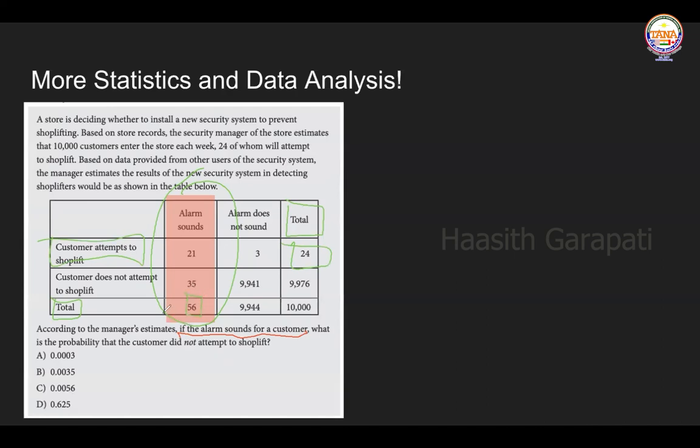And then they're asking what is the probability that the customer didn't shoplift if the alarm sounds? Well, a customer does not attempt to shoplift 35 times when the alarm sounds. So all you have to do is do 35 divided by 56, and that can be simplified down to 5/8, which is equal to 0.625. And therefore D is the correct answer.